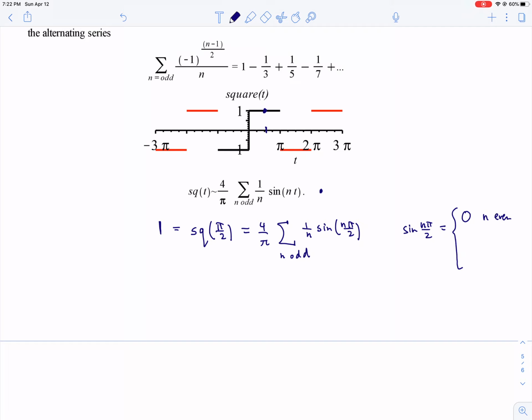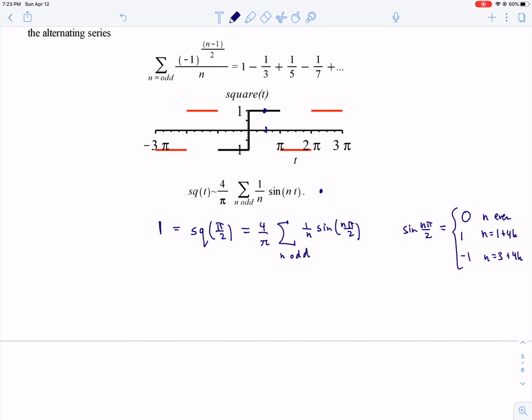If n is 1, sine is plus 1, and then I can add on any 4 times an integer, and I'll be adding on 2 pi to the n pi halves. So it's 1 if n is 1 plus 4k, and it's minus 1 if n is 3, which gives me sine of 3 halves pi, or 3 plus 4k.